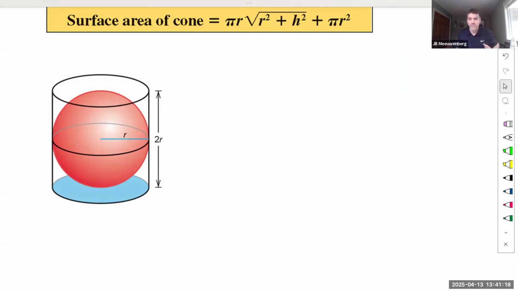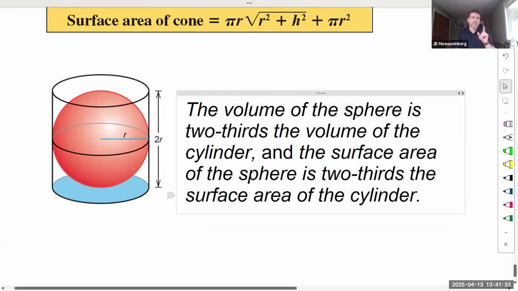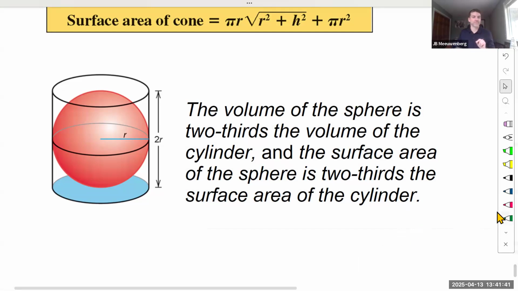And one of my favorite mathematicians, Archimedes, discovered this relationship more than 2,500 years ago. And so what Archimedes discovered was that the volume of a sphere is 2/3 the volume of the cylinder, and the surface area of the sphere is 2/3 the surface area of the cylinder.